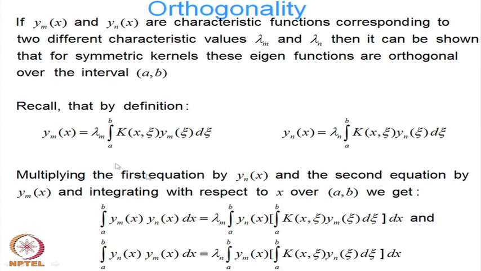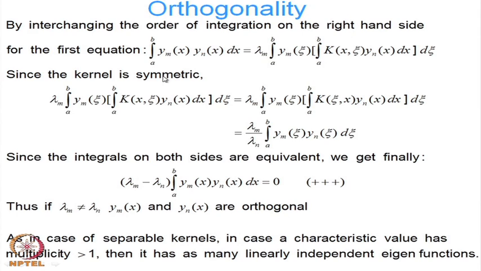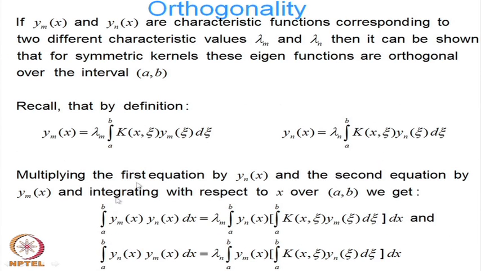After we multiply with yn of x, I get this. Let me focus on this right hand side. What am I doing? I am changing the order of the integration, because earlier I was integrating first with respect to xi and then with respect to x. So, I change the order of integration.